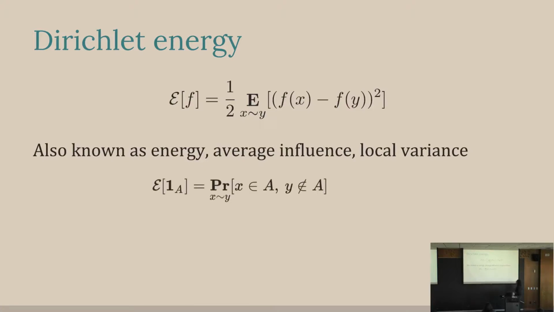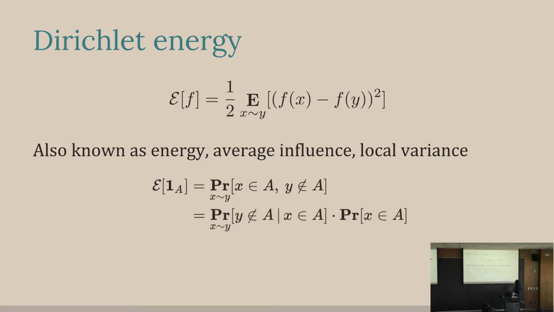Yeah, so let's plug in our favorite indicator function and look at what happens. When we plug in f equals the indicator function of a set A, this thing is only non-zero if one end of the edge is inside and one end of the edge is outside. So it's just equal to the probability over a random edge that one end is inside and one end is outside.